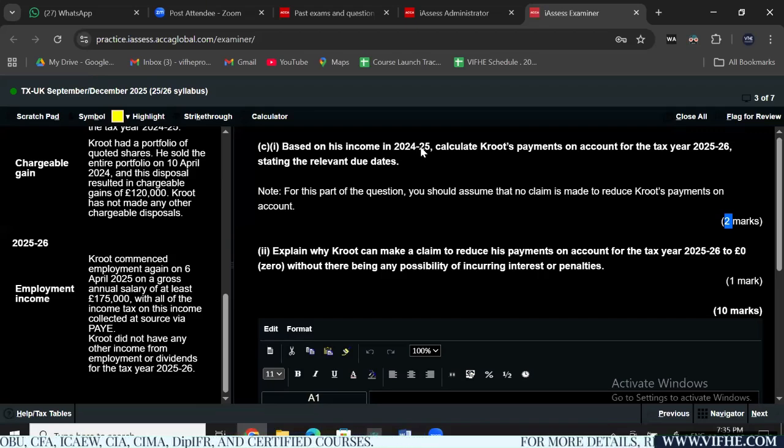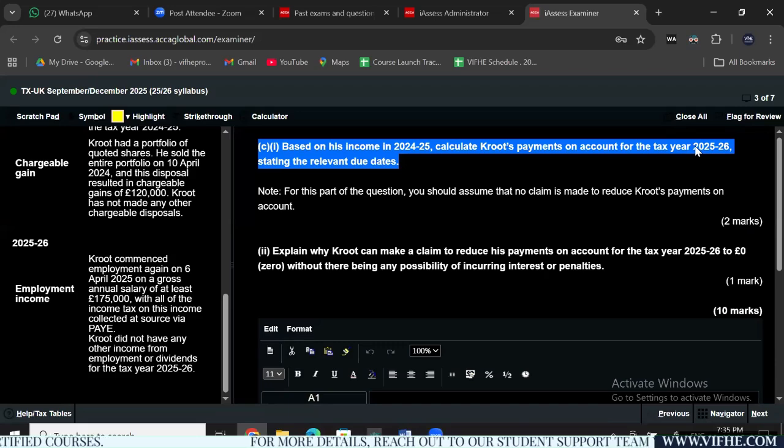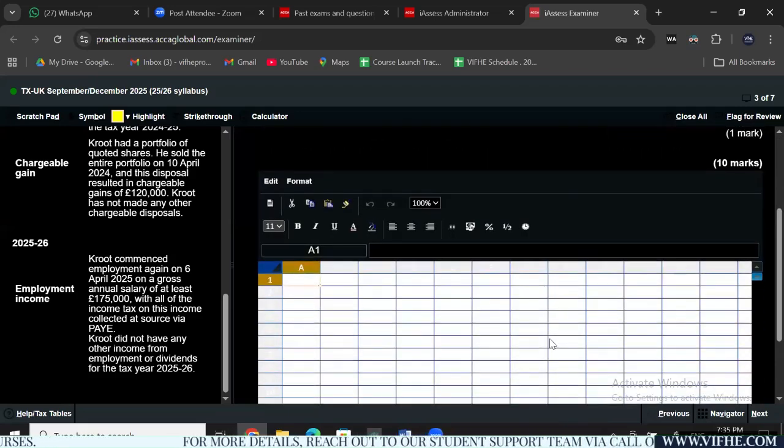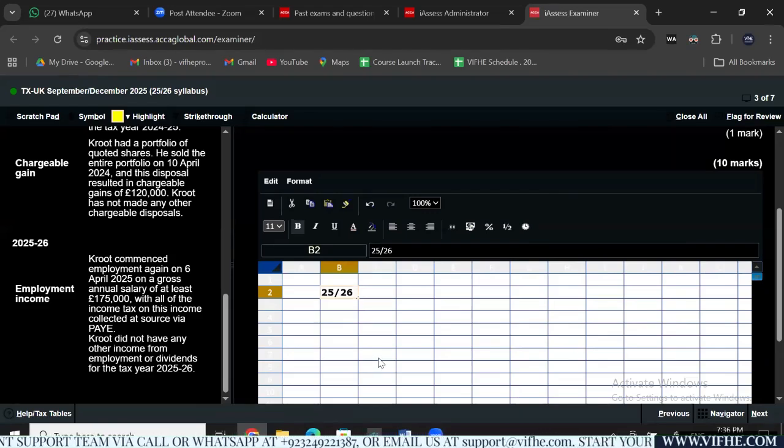And for which tax year are they asking about the payments on account? For the tax year 25-26. So to see what the payment on account for the tax year 25-26 will be, I need to know what the tax payable for the tax year 24-25 had been, the year prior to this, as well as NIC 4.